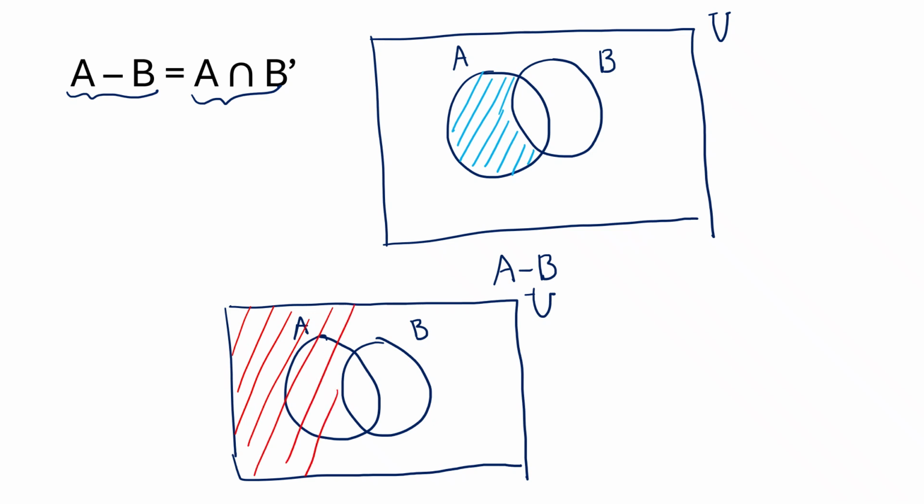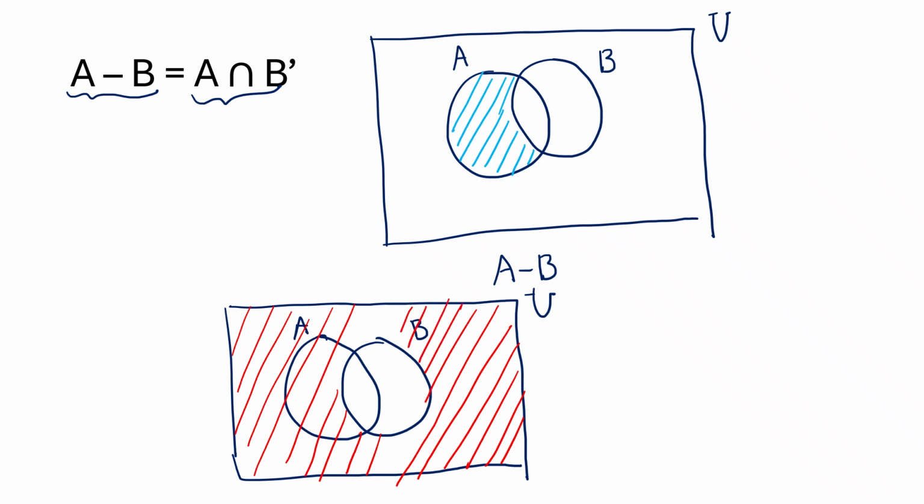B prime is everywhere that is not inside the circle representing B, the complement of B. So the entire rectangle except the circle representing B. I painted B prime red. And then A is obviously this circle here. I've used this type of blue for A.